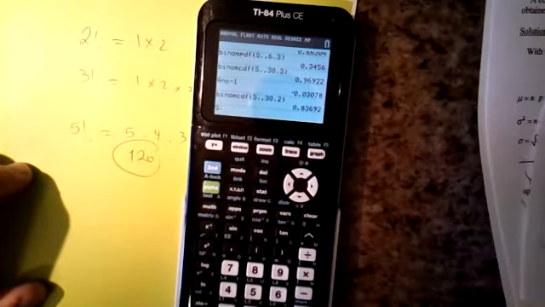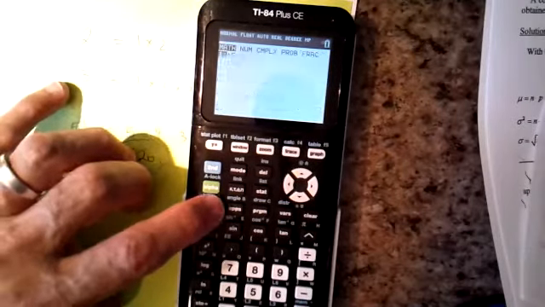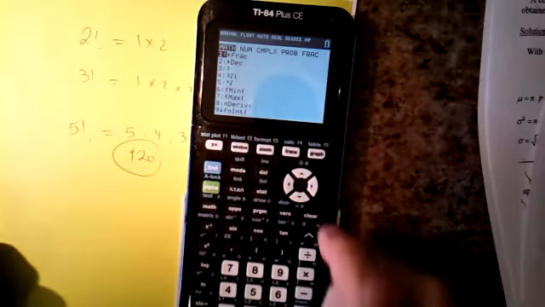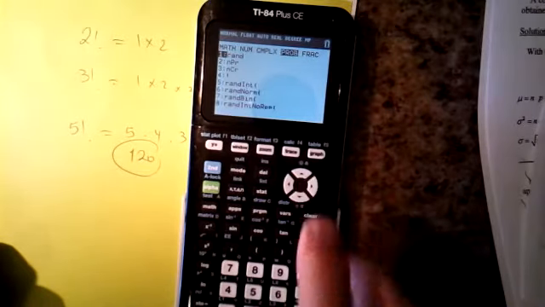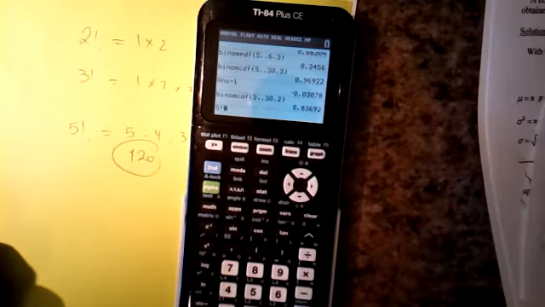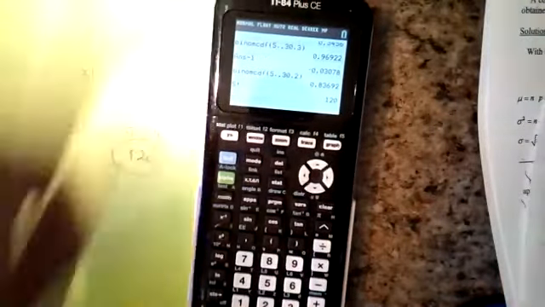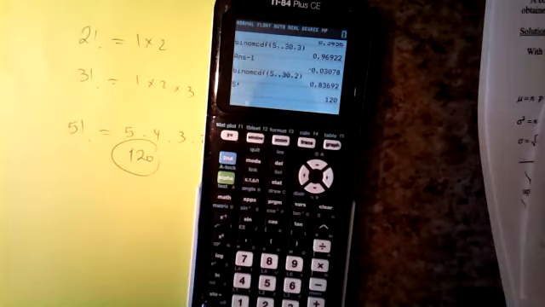You type 5 first, and then you go to math, M-A-T-H, scroll to the right to probability, scroll down to number 4, 5 factorial. See that? And then enter, it gives you 120, okay? So you don't have to do hand calculation for factorial.